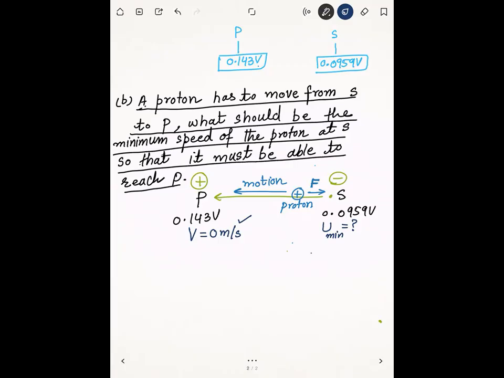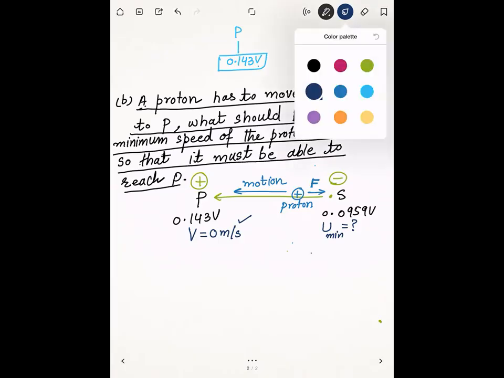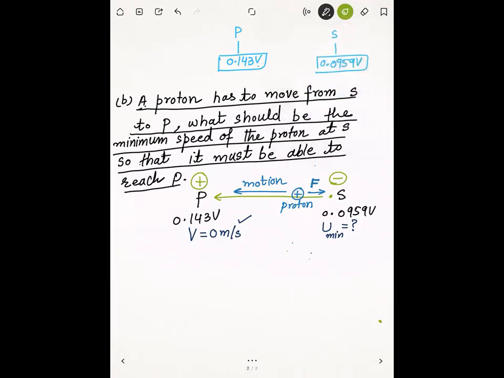This will always apply. Now in this example, first of all, in your exam, you will only write the answer, but right now we are focusing on the concept.